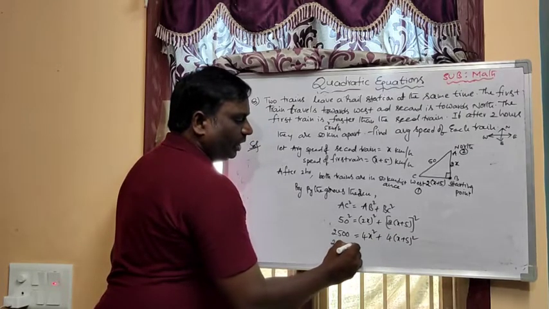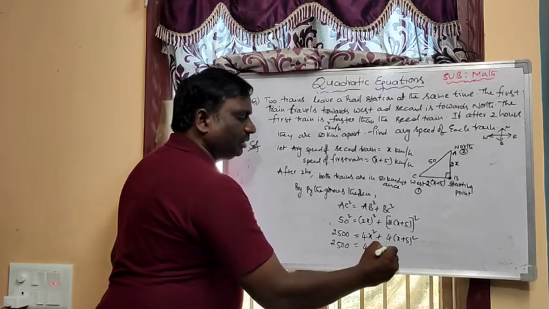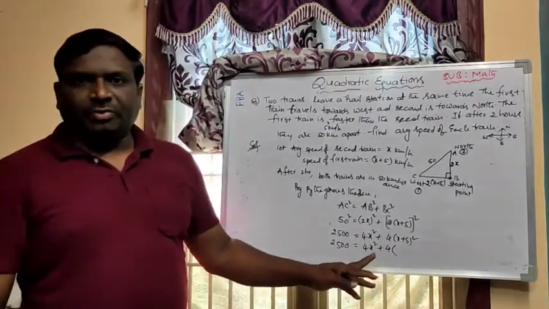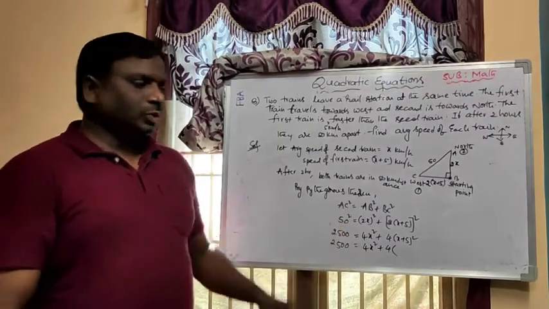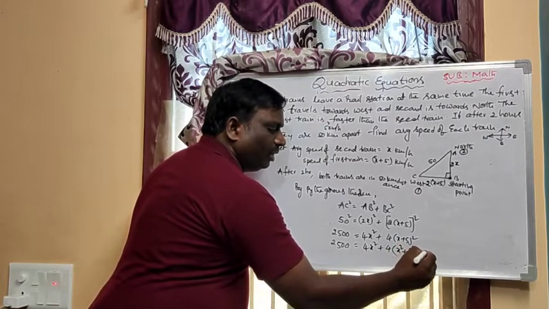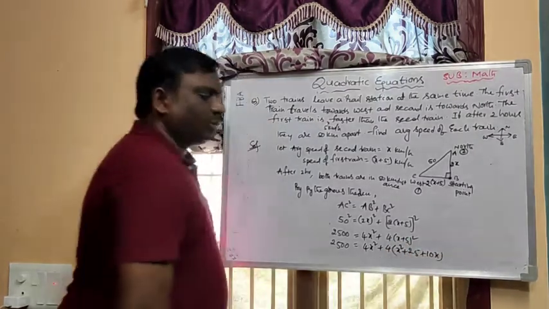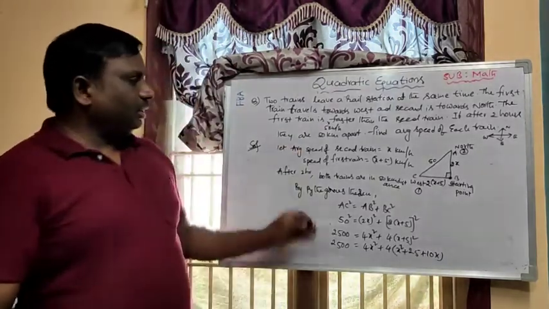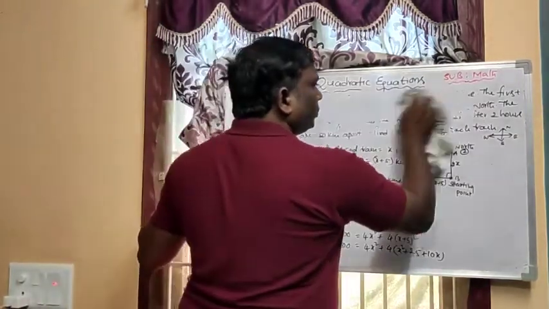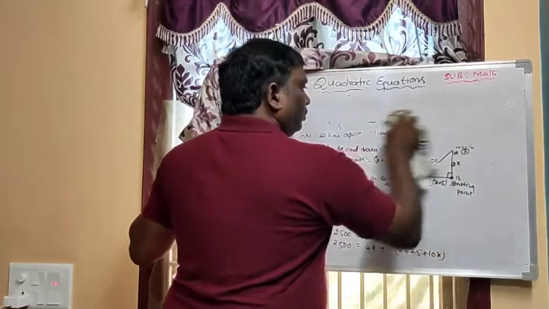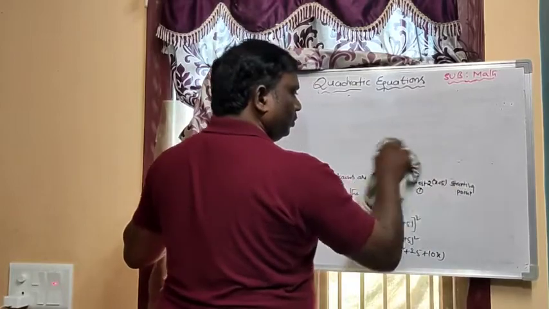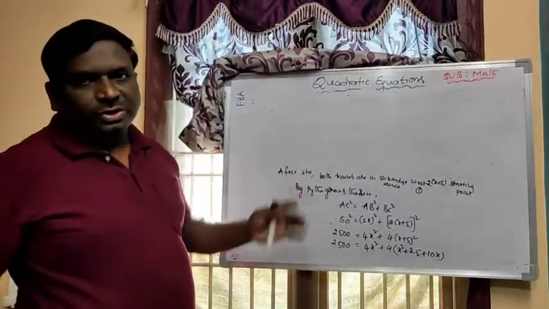Again you need to apply the a plus b whole square identity. What is a plus b whole square? a square plus b square plus 2ab. So that is x square plus 5 square, 25, plus 2 fives are 10x. These types of questions, they will change the values, same model.